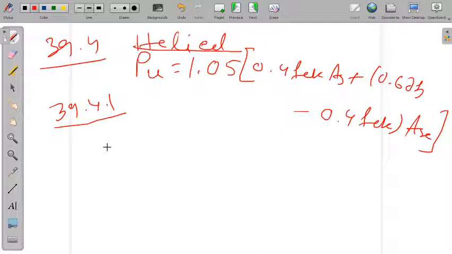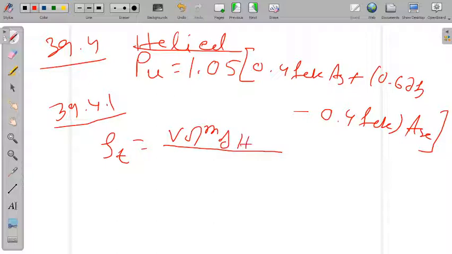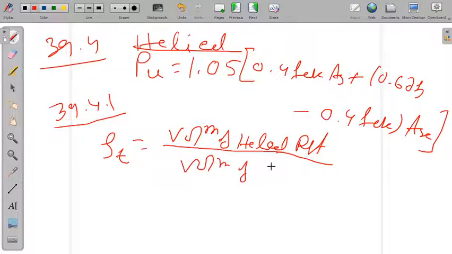Let us say this rho T, I am writing like that, rho T or rho also you can write, is equal to the ratio of the volume of helical reinforcement per meter length, I am assuming per meter length, to the volume of the core.